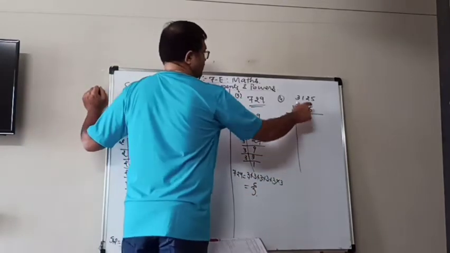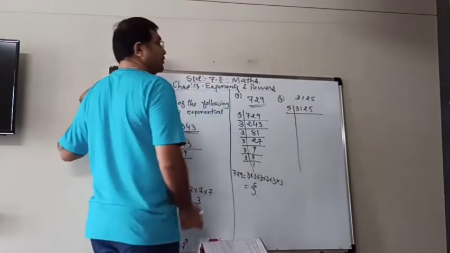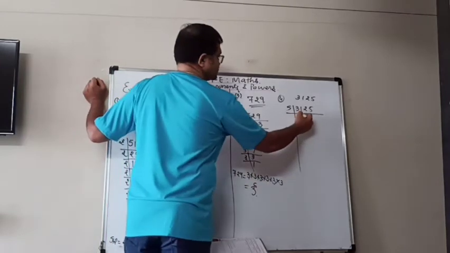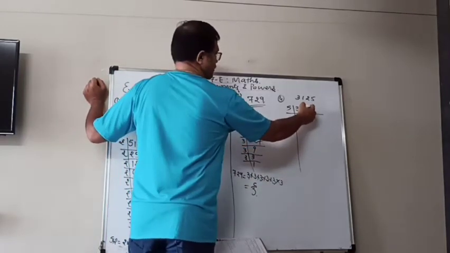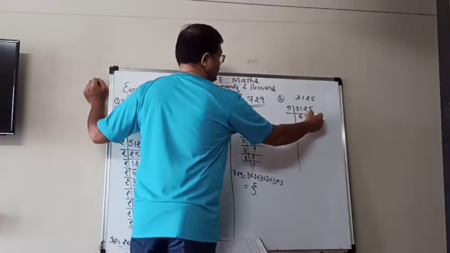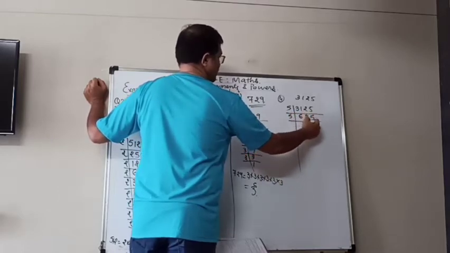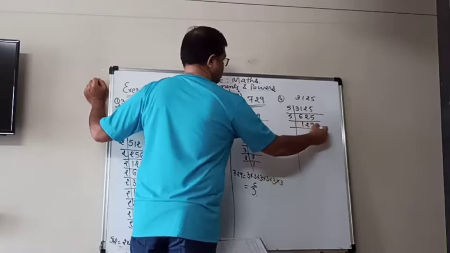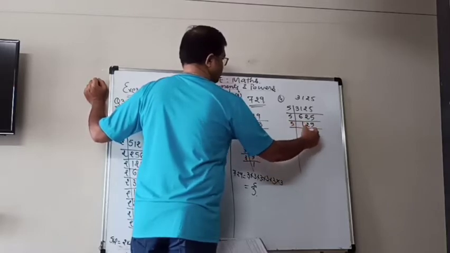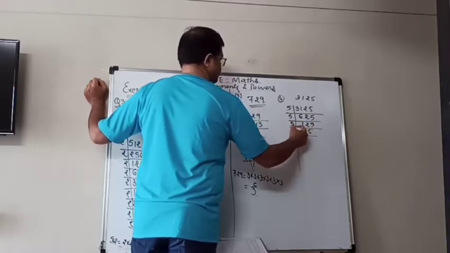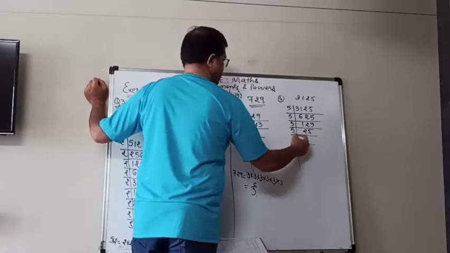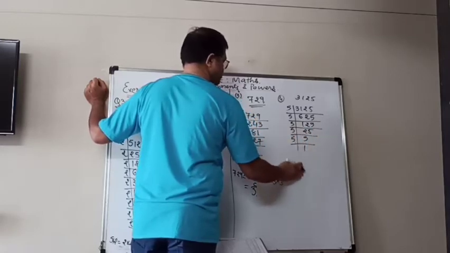So 5 there, we can divide by 5. 5 6s are 30, 5 2s are 10, 5 5s are 25, 25 5s are 125, 5 5s are 25, 5 1s are 5.